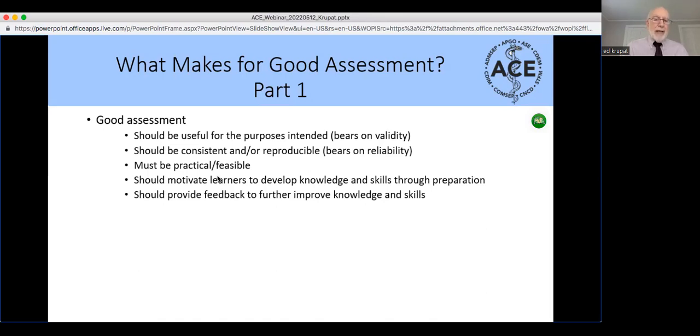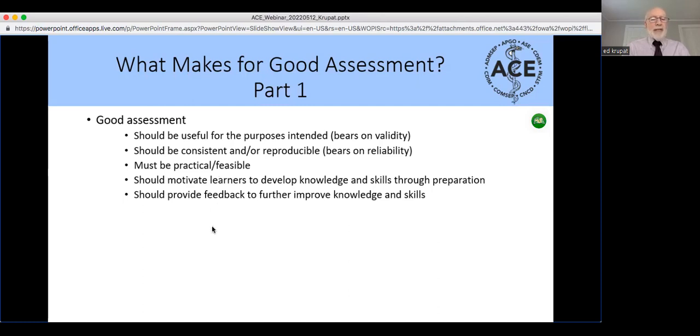It takes a lot of time out of the day. Obviously, if it's not practical, if it's not feasible, then it's less useful. So good assessment is something that doesn't eat up resources unreasonably.